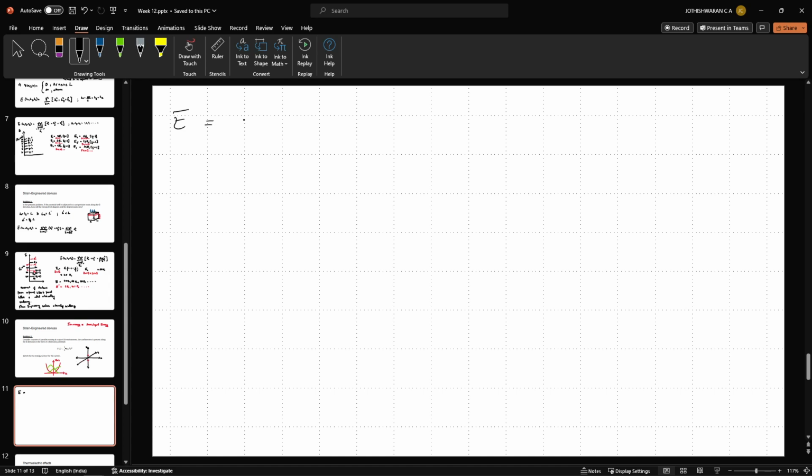Since the particle is free to move along the xy direction, it is just going to be h bar squared by 2m times kx squared plus ky squared, plus something. But even before I write what that something is, I can say kx, ky are real numbers. So these are real.